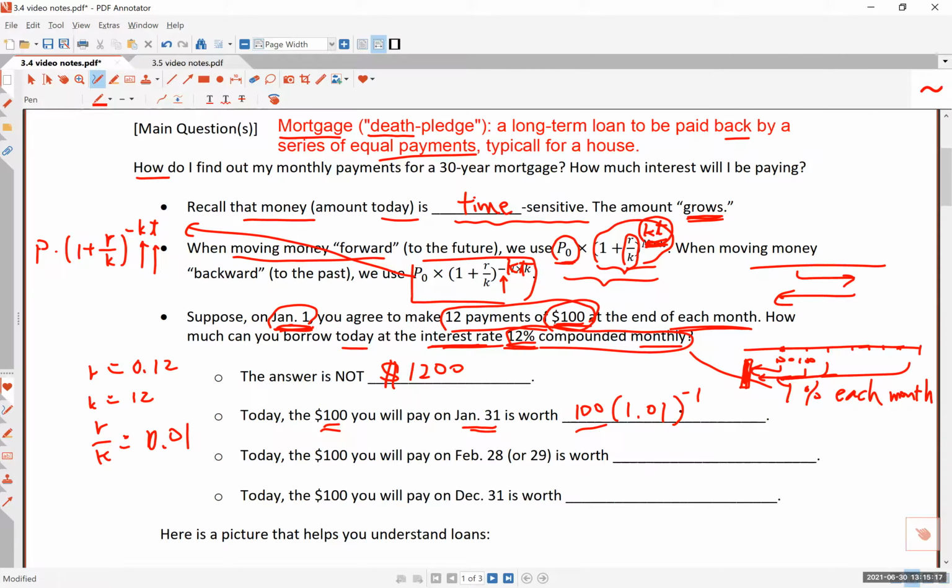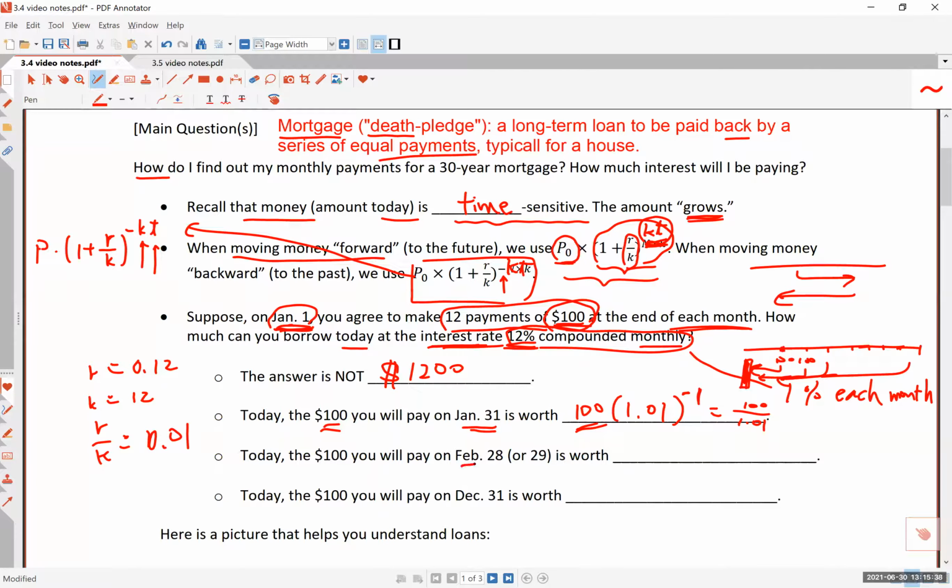You write 100 divided by 1.01 because you're moving the money backwards. You can write that as 100 times 1.01 to the negative first power. If you really want to know what that is, it's 100 divided by 1.01. So instead of multiplying to move forward, you are dividing, which moves the money backwards.